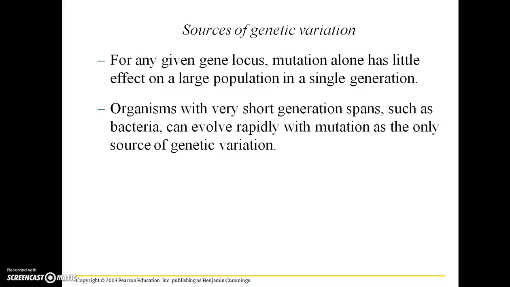Organisms with very short generation spans, such as bacteria, however, can evolve rapidly with mutation as the only source of genetic variation. Nowhere is this more apparent, perhaps, than in medicine. So when you get a flu shot, that flu shot is based on the best information that the researchers of the vaccine had.